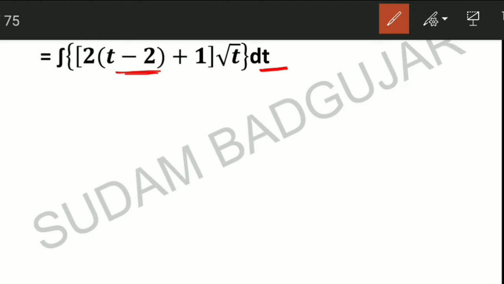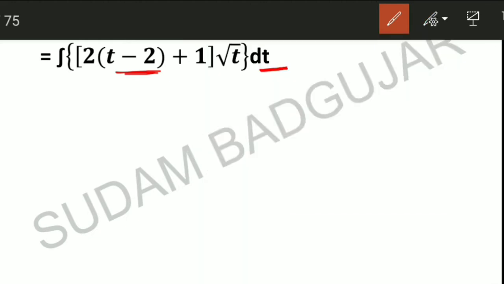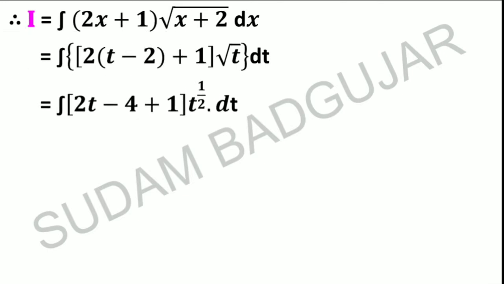Now it's very simple. You have to open this bracket first, then simplify it, then take separate integration. So it is integration of 2t minus 4 plus 1 into root t, which is t raised to half, with respect to t. So integration of 2t minus 3, bracket complete, into t raised to half into dt.